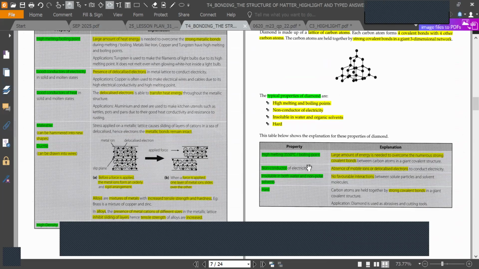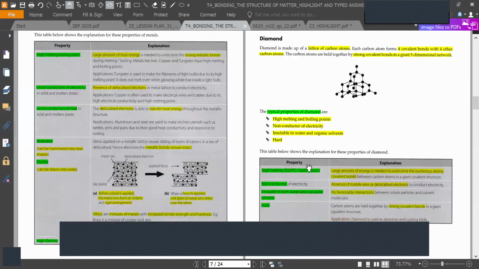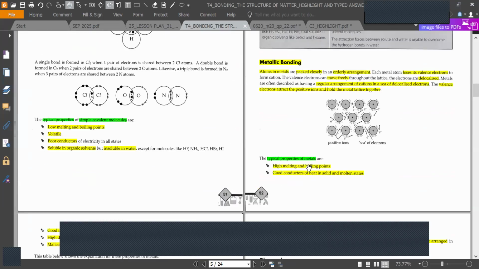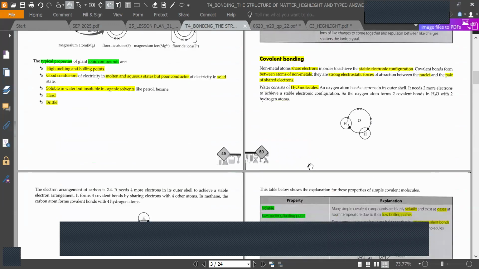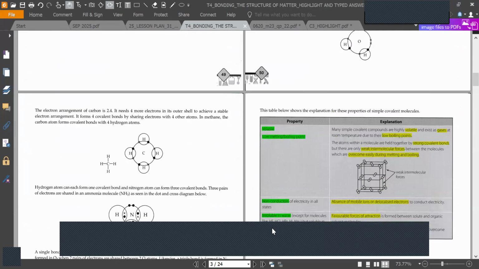Um, okay, hold on. Okay, no, no, it's not that. Let me quickly find a picture.